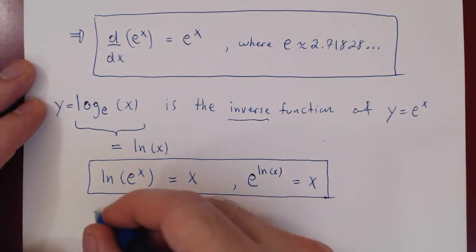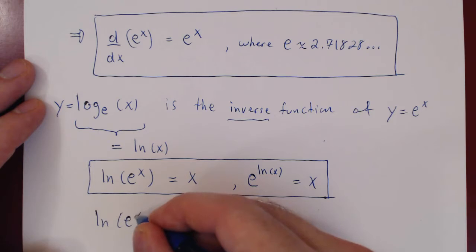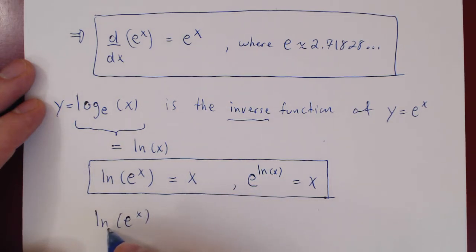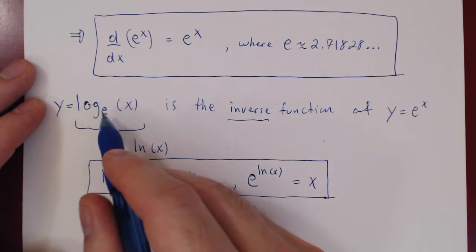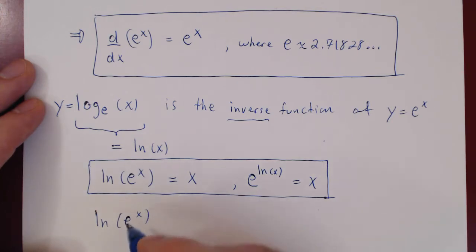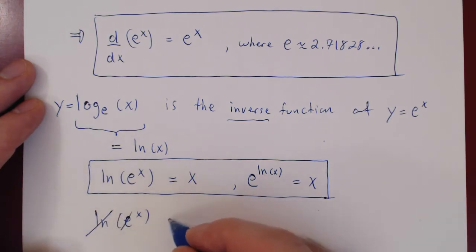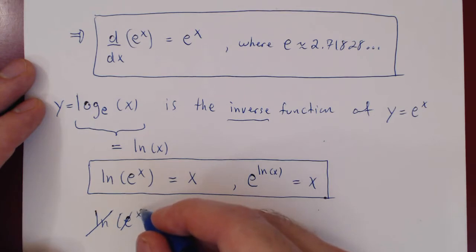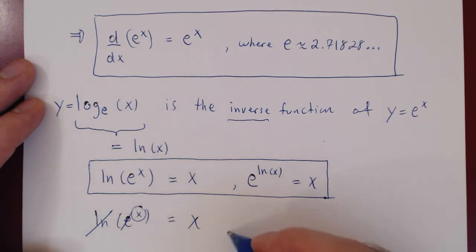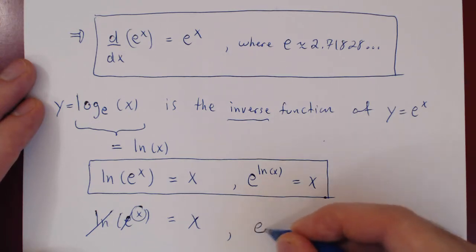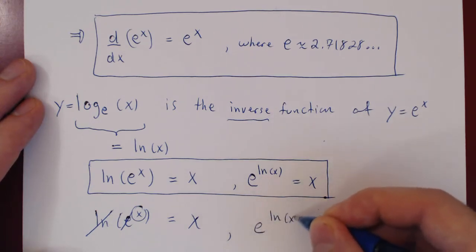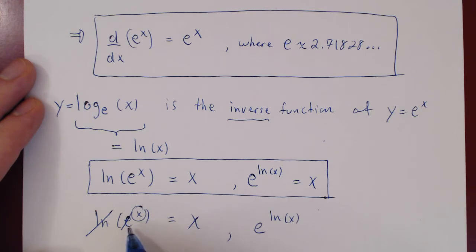So think of it this way. When you write ln of e to the x, the ln is by definition log base e of x, and it cancels e by composition, so ln cancels e, and all you're left with is the argument x. Same thing if you compose in the opposite order. If you do e to the ln of x, because ln is the inverse of e, e is also the inverse of ln.